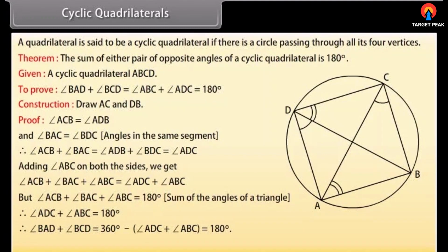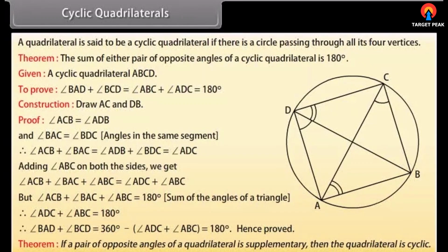Therefore, angle BAD plus angle BCD is equal to 360 degrees minus the sum of angle ADC and angle ABC, which is equal to 180 degrees. Hence proved. The converse of this theorem is also true. That says, if a pair of opposite angles of a quadrilateral is supplementary, then the quadrilateral is cyclic.